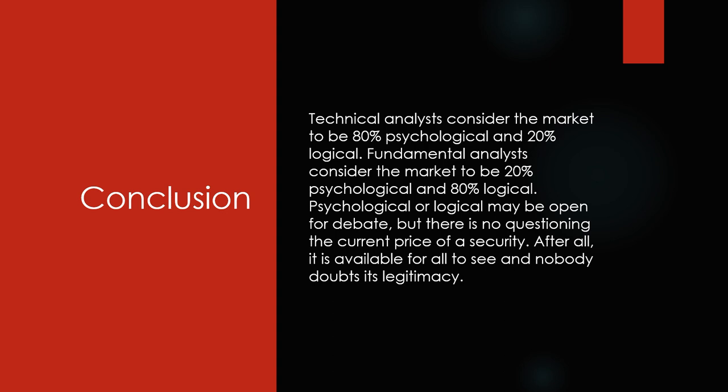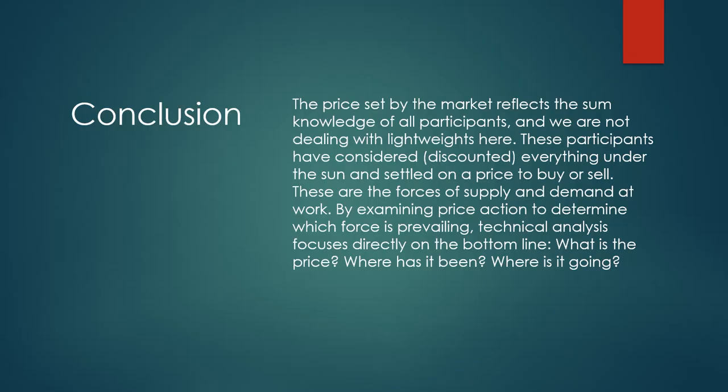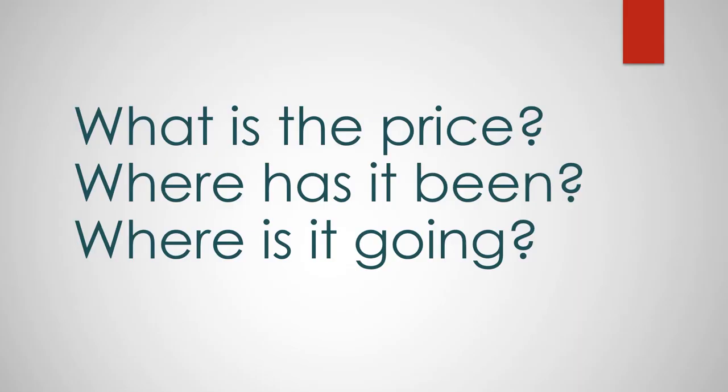After all, it's available for all to see and nobody can doubt its legitimacy. The price set by the market reflects the sum knowledge of all its participants. So the bottom line is, we want to know what is the price, where it has been, and where it is going. Okay. And with those three pieces of information, you can start making intelligent trading decisions.